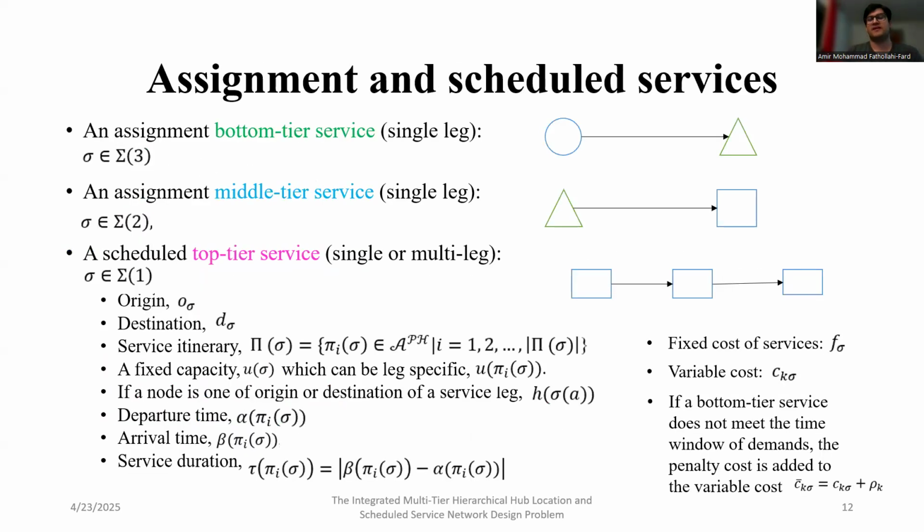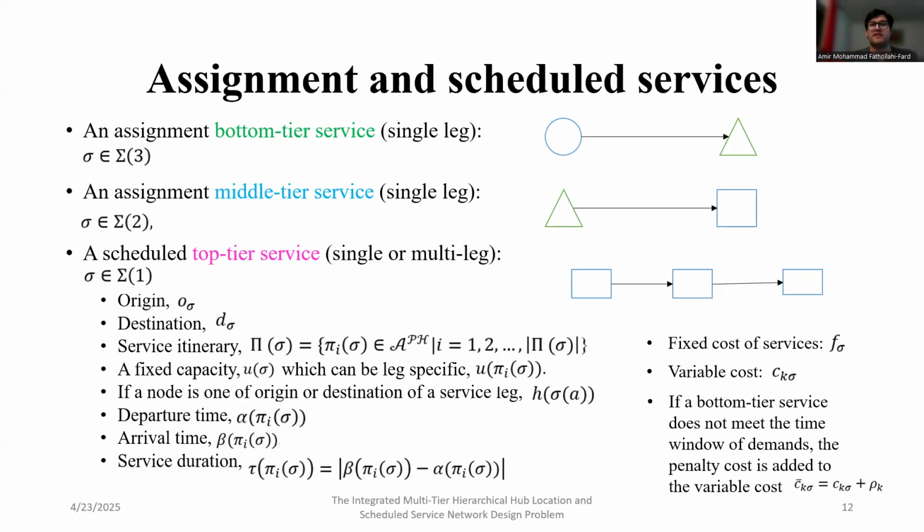So to supply these demands, we have a supply side. The supply side of this freight transportation system is the services, where there are three types of services. We have a set of services which can be defined as bottom tier services, where these services only assign a service node to a secondary hub.